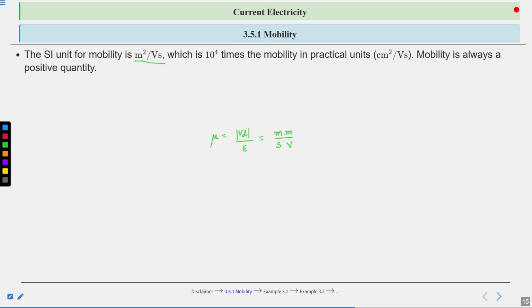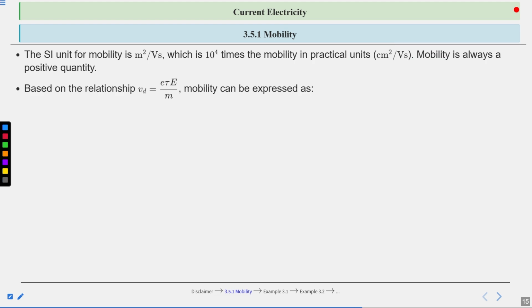This SI unit is 10 raised to the power 4 times the mobility in practical units, where the frequently used practical unit is centimeter square per volt second. Mobility is always a positive quantity because we are taking the magnitude of drift velocity and also the magnitude of electric field.